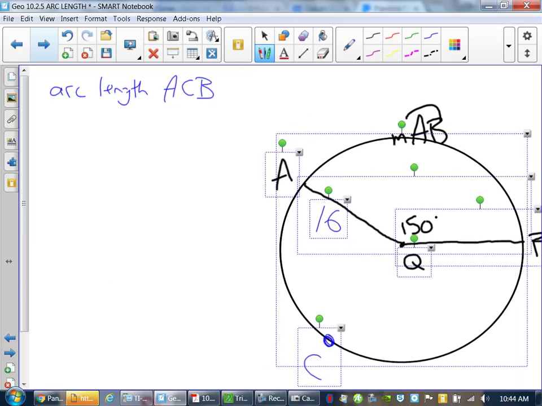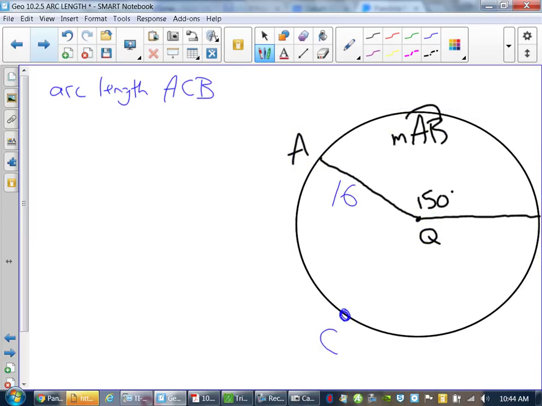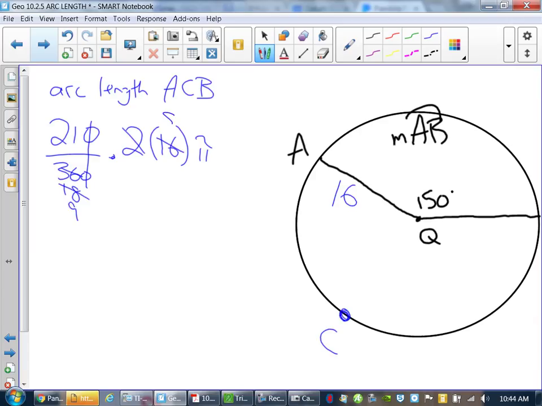So we would have 210 over 360 times 2 times 16 times pi. Once again, I can throw all of that into my calculator, or I can simplify a few things without too much craziness. 2 is an 18, so that's an 18. These are both divisible. This becomes a 9. This is an 8.